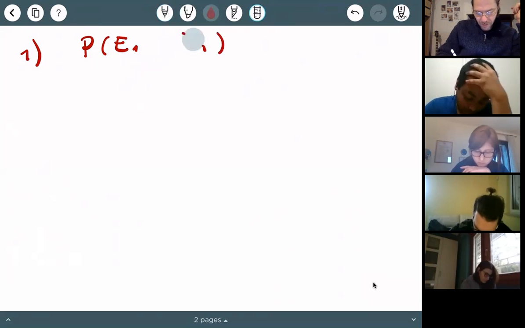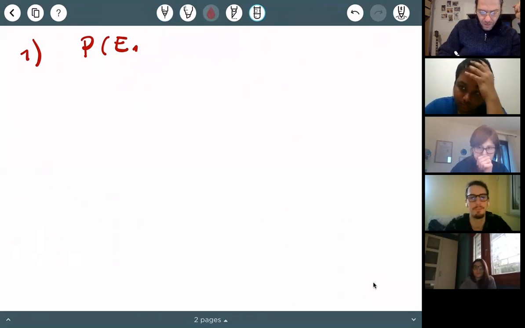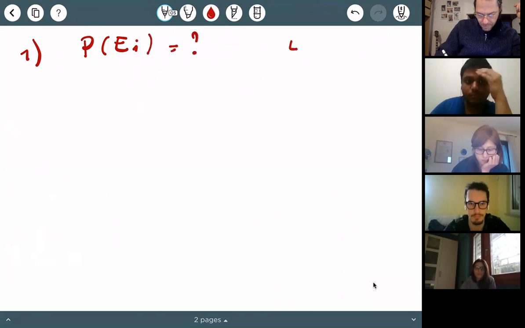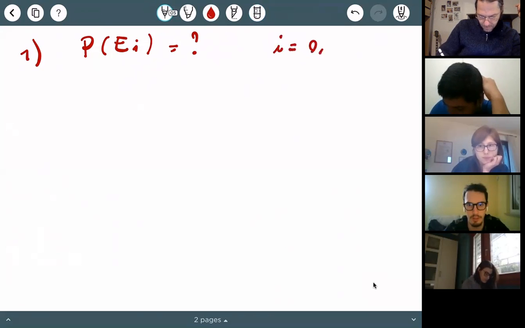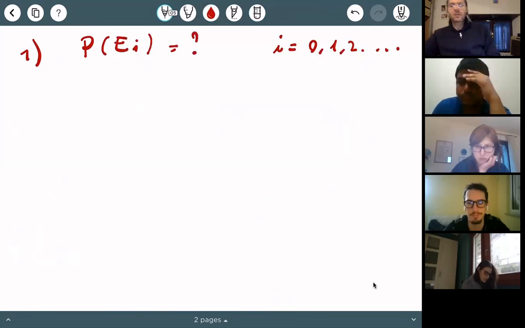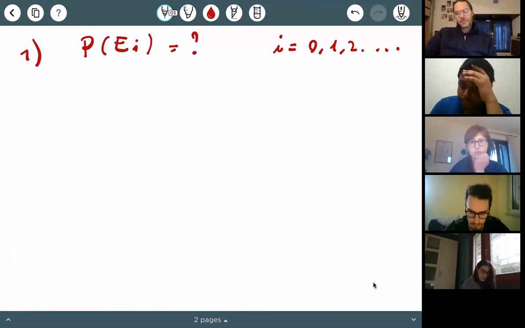This is the right notation. What is the probability of any of the possible energy outcomes of the system?